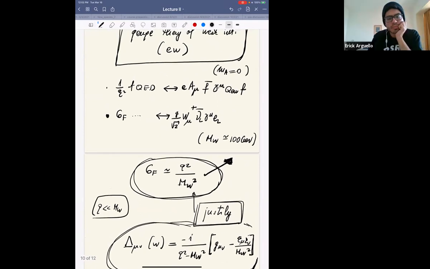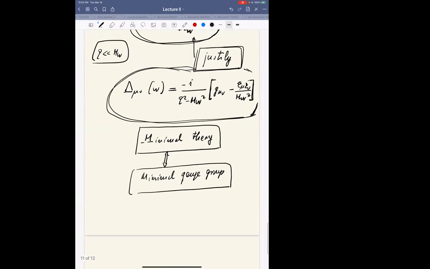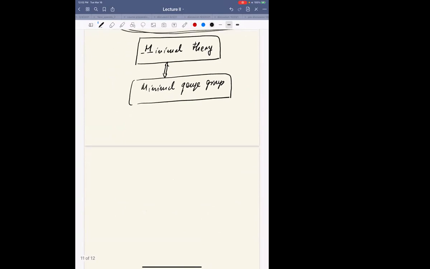SU2. SU2 cannot be smaller than SU2. You see, because now we know we are trying to develop the theory in which there are 3 generators, W plus, W minus, and the photon. But even if I just thought of W plus and W minus, or you could say, why don't you try U1 times U1? If you want the photon, also U1.